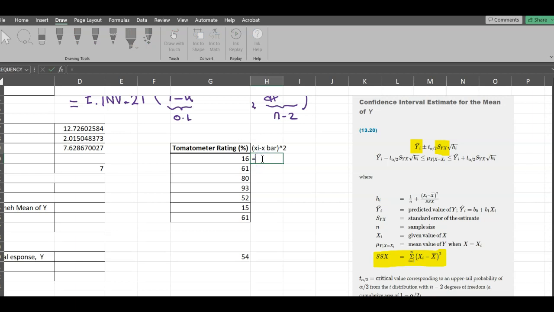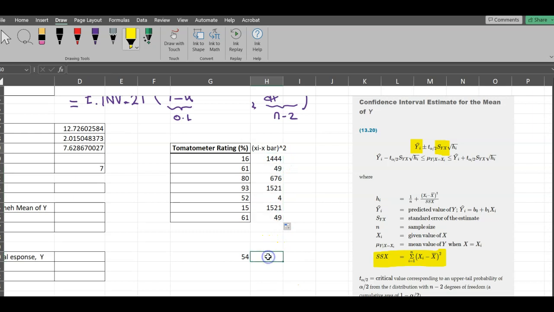Here, you're going to be equal sign, open a parenthesis, click on the 16 minus the 54. You have to lock it. That's F4. And then close the parentheses, shift 6 and 2. That's the first one. And then you're going to drag it. And that's all the values.